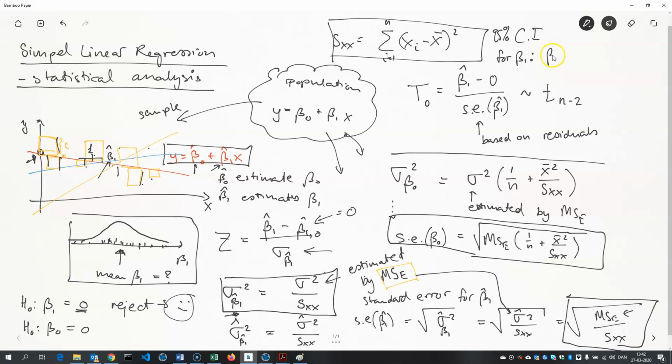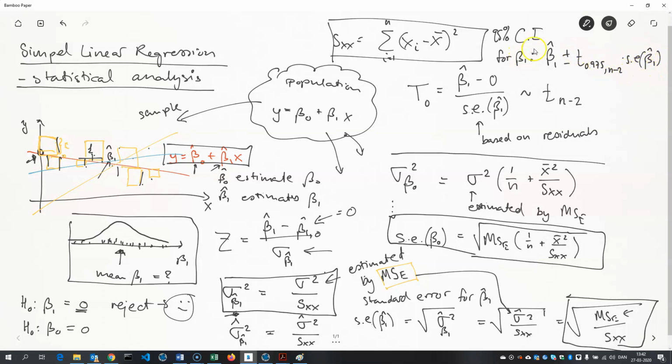We take the actual sampled beta 1, the one we found in our model, and we add and subtract the t quantile, in this case, that would be 0.975, with n minus 2 degrees of freedom, times the standard error for beta 1.